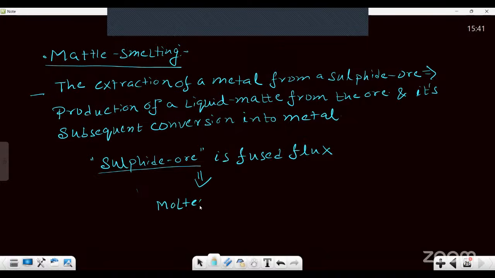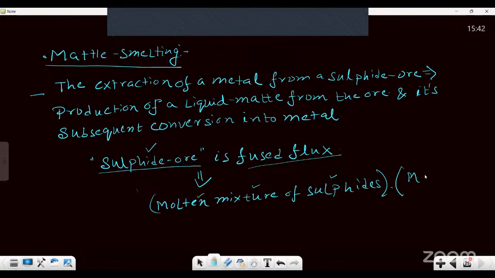So matte is nothing but a molten mixture of sulfides. Ultimately, I have sulfide ores and I am adding flux. This flux is lowering the fusion temperature, or the melting temperature, of the sulfide ores. So I am now getting a mixture of sulfides, and this is known as matte.